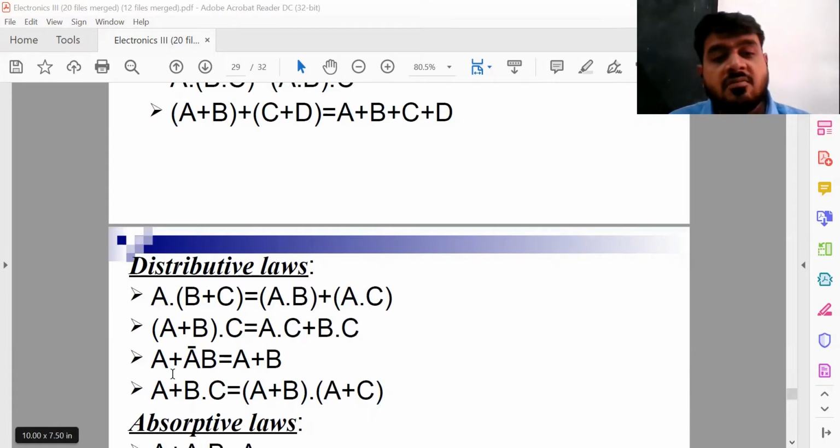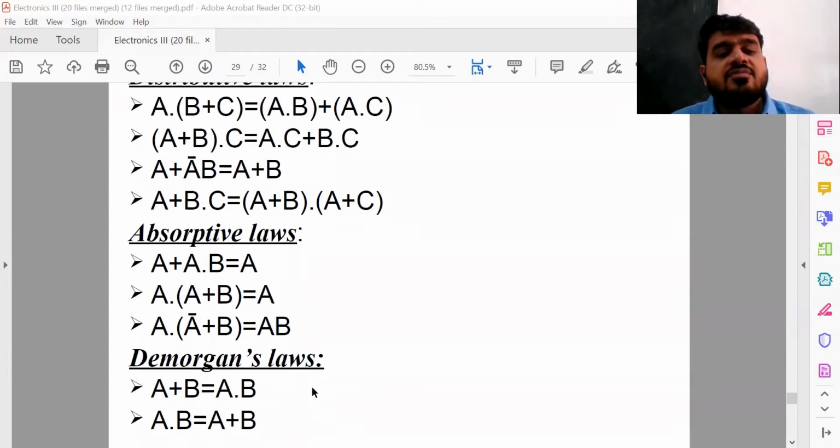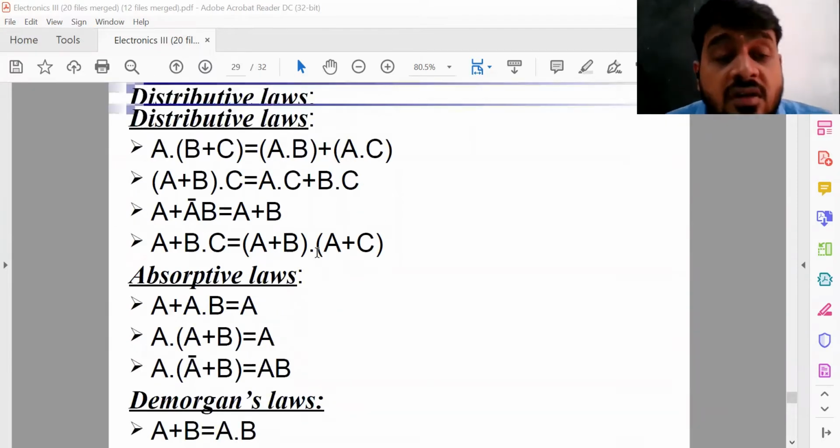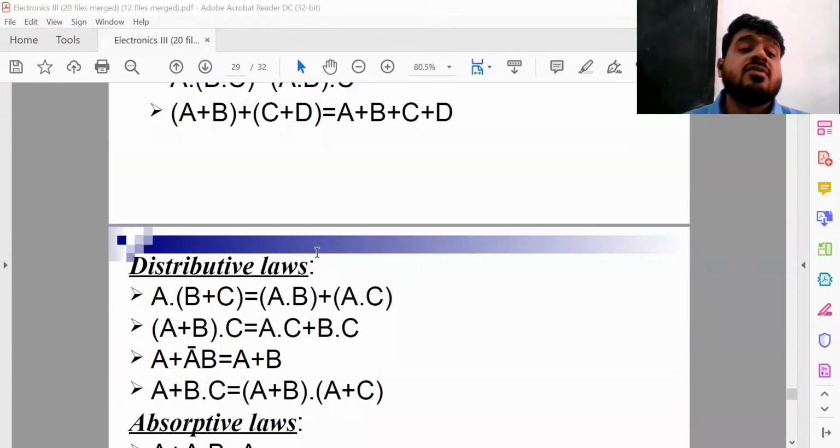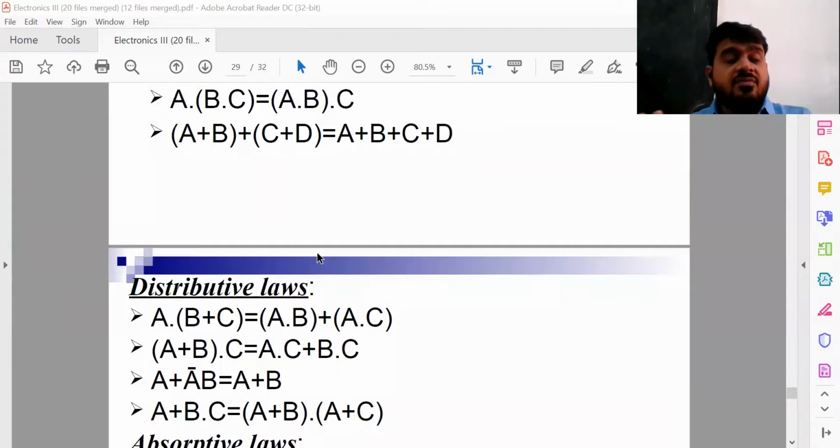Clear? Next one is A plus B dot C. So again, here you have to distribute A. So (A plus B) dot (A plus C). That also is possible, and that will also give you the exact answer and equivalence. Now you have the absorptive law. These are all the laws you have to remember to get the final crunched, single output.